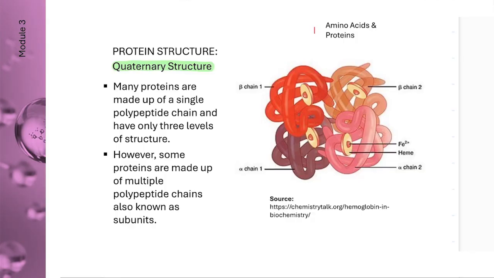In the primary structure, it's just a single unit, or two single units with a disulfide bond at cysteine binding them together. In the secondary structure, also, hydrogen bonds form within one subunit. But in the quaternary structure, you have multiple subunits.